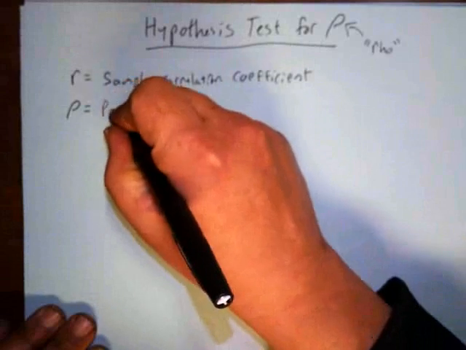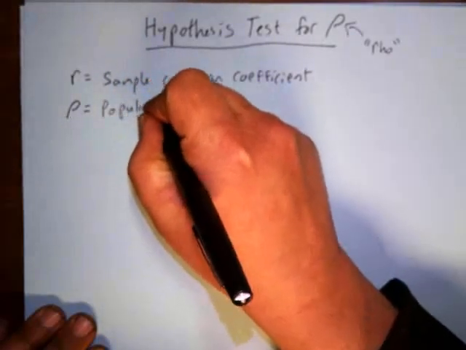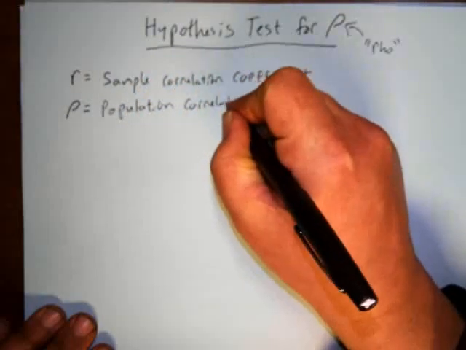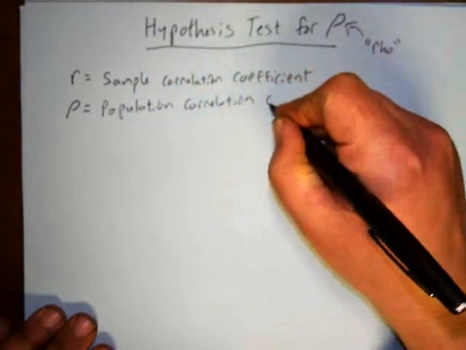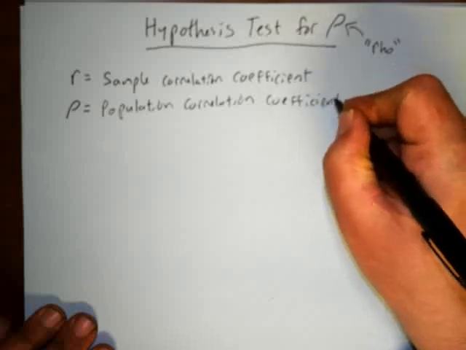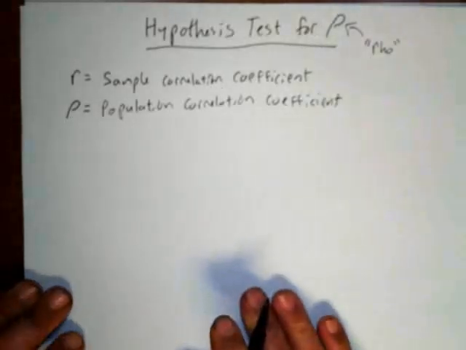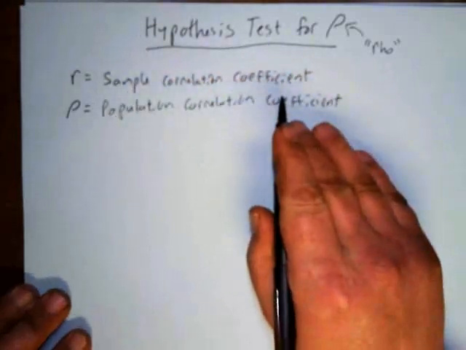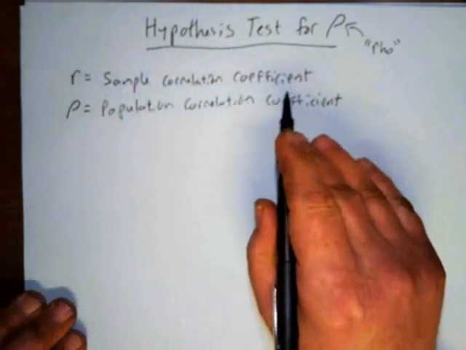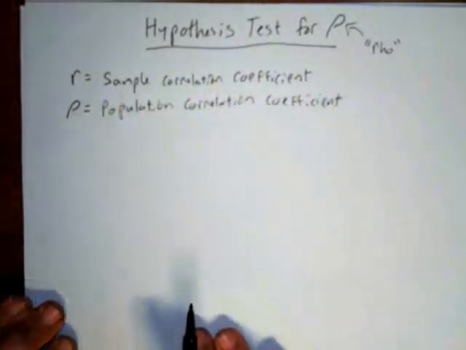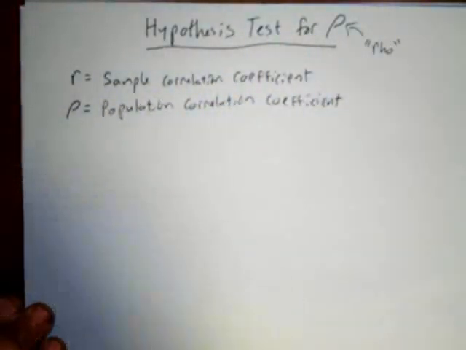So that represents the population correlation coefficient. And the idea here is we're going to use the strength of correlation in the sample to decide whether or not there's enough evidence to conclude a correlation in the entire population.